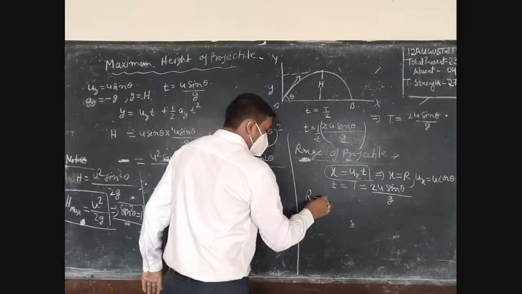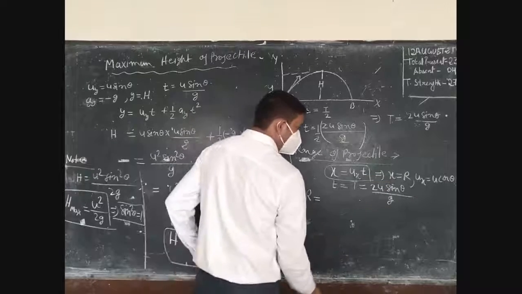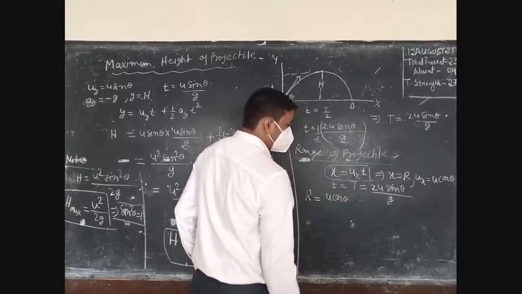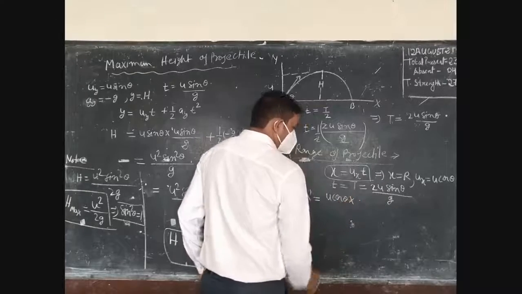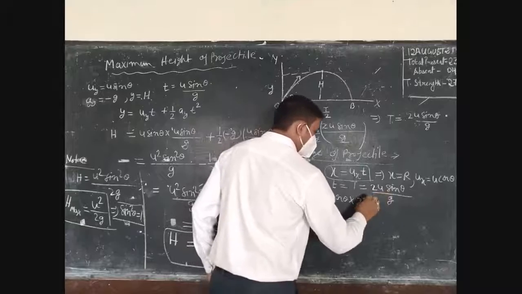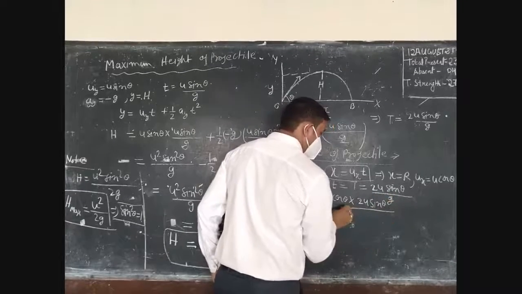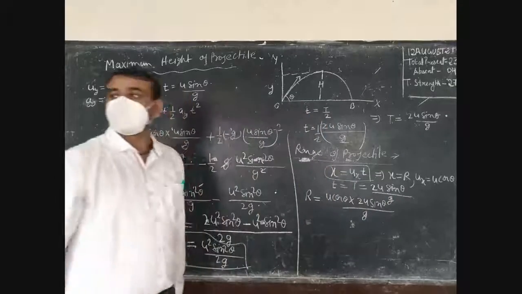So this R is equal to u cos theta into 2u sin theta upon g.